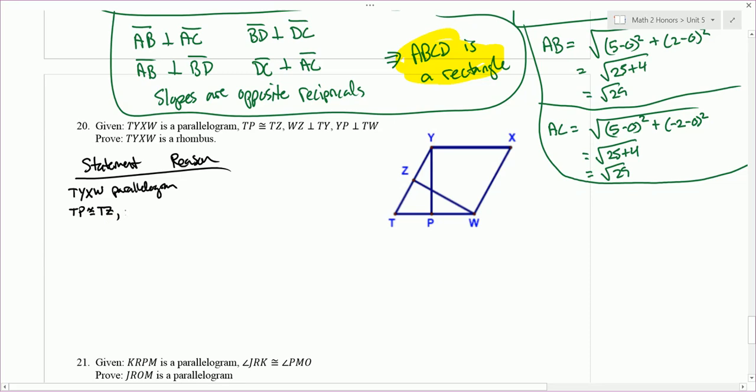WZ is perpendicular to TY. These should all have segments above them. And YP is perpendicular to TW.